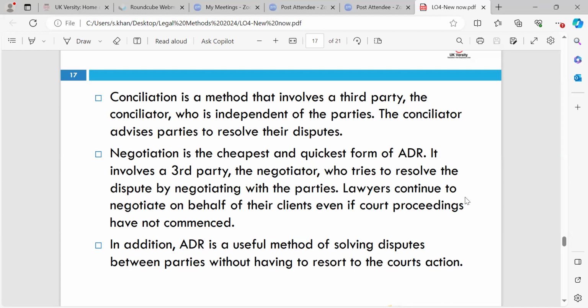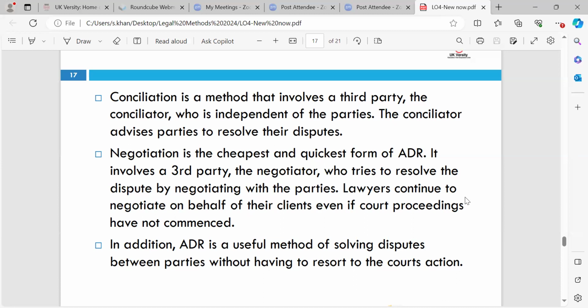Negotiation is the cheapest and quickest form of ADR. It involves a third party, the negotiator, who tries to resolve the dispute by negotiating.